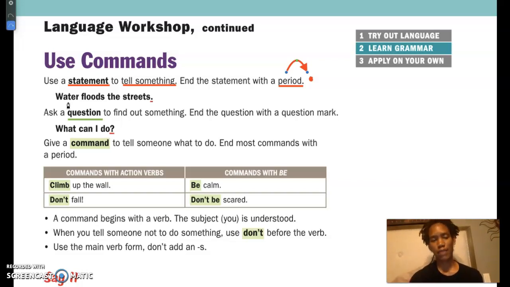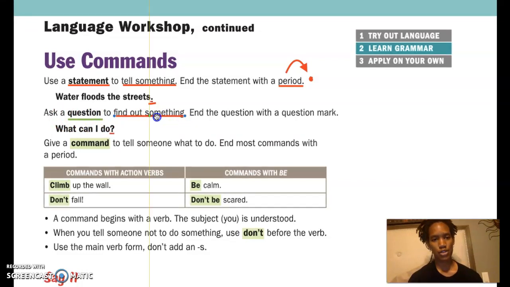It is giving information. Okay. And as you can see, it ends with a period. All right. Now, so we talked about statements. Statements tell something, gives information. Got it.